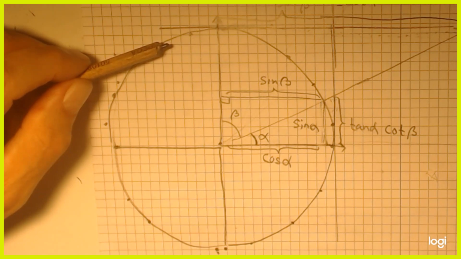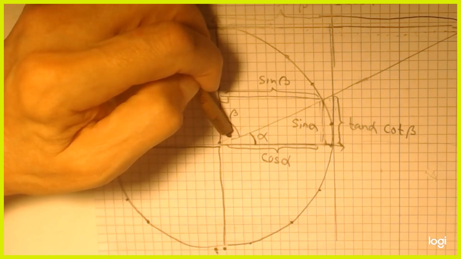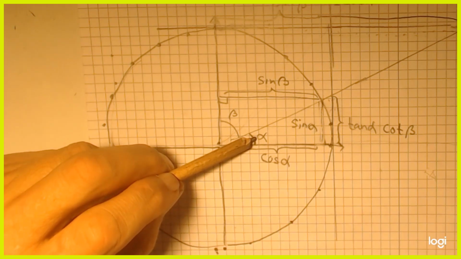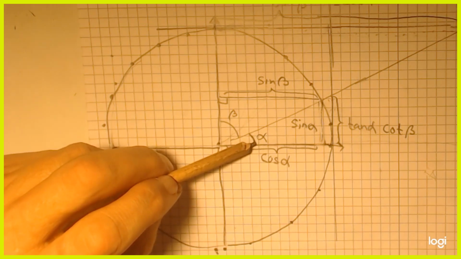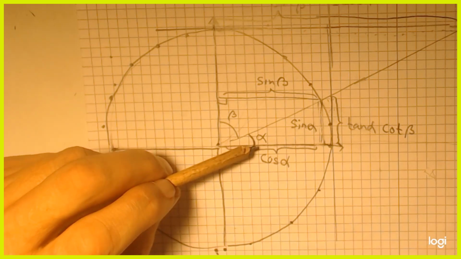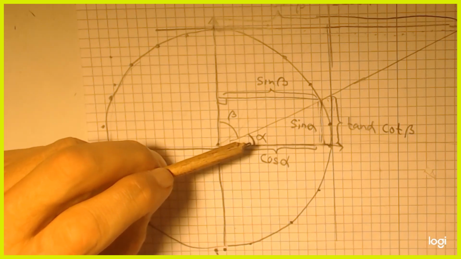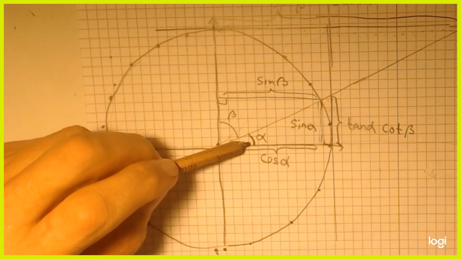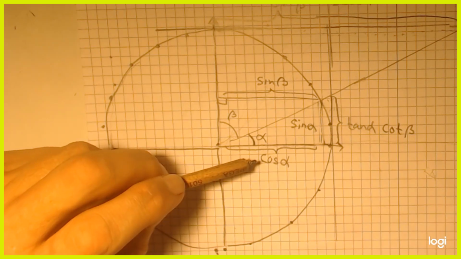we'll take an example. Let us draw a line here. We call it alpha. And we're going to find the values for sinus alpha, cosinus alpha, tangents alpha, and sinus beta, cosinus beta, and tangents beta.